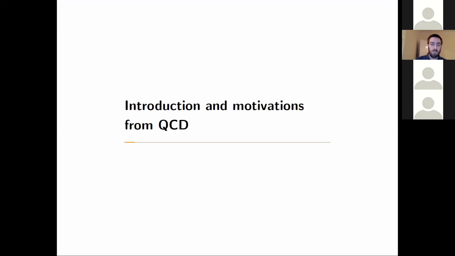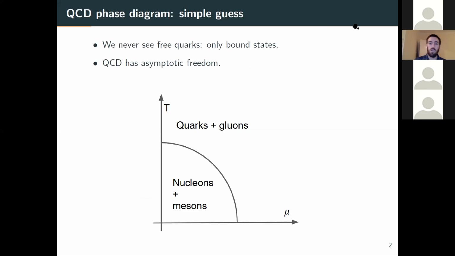So let's first review what we know about the QCD phase diagram. If we were to make a very naive guess, it would be based on these two things we know about it. The first is that we never see free quarks around us. And the idea is that at low energy, we should only see these bound states, mesons or nucleons.